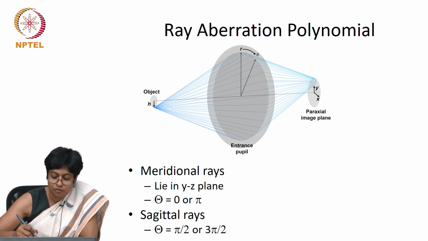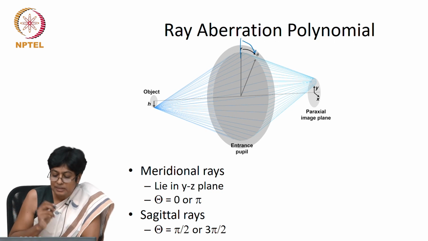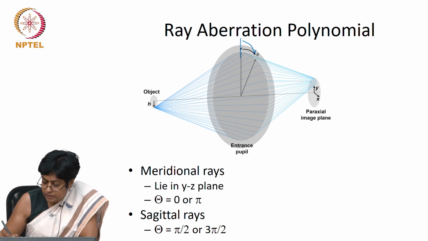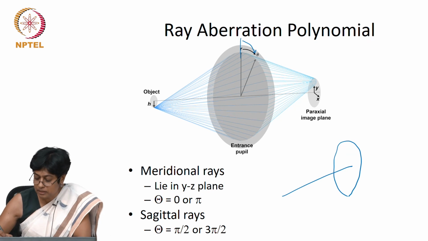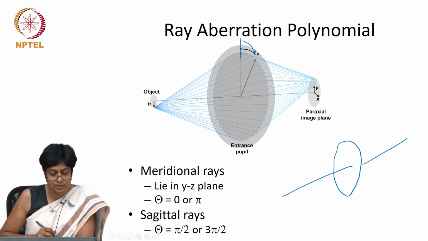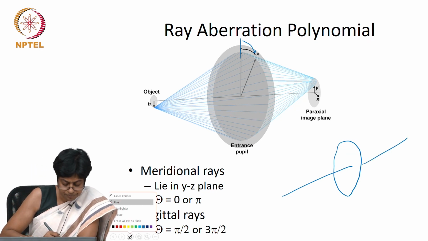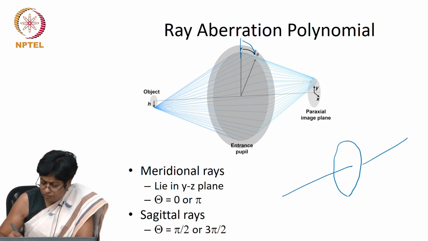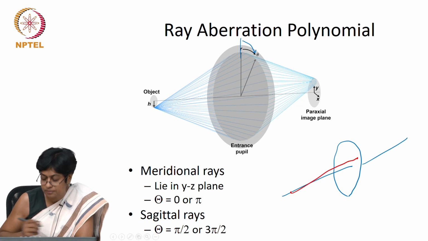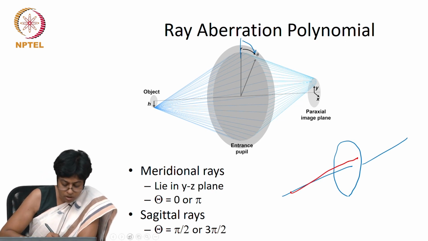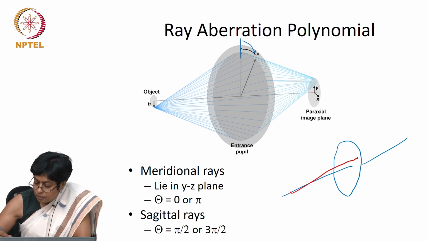Theta is the angle from the y-axis here. Maybe it's easier if I draw. This is my lens, and I'm drawing an ellipse because I'm showing it to you tilted. This is the optical axis, and you have a ray that starts off, let's say, from an axial object point, and that ray happens to go here. Now, because it has gone there, what are its coordinates?